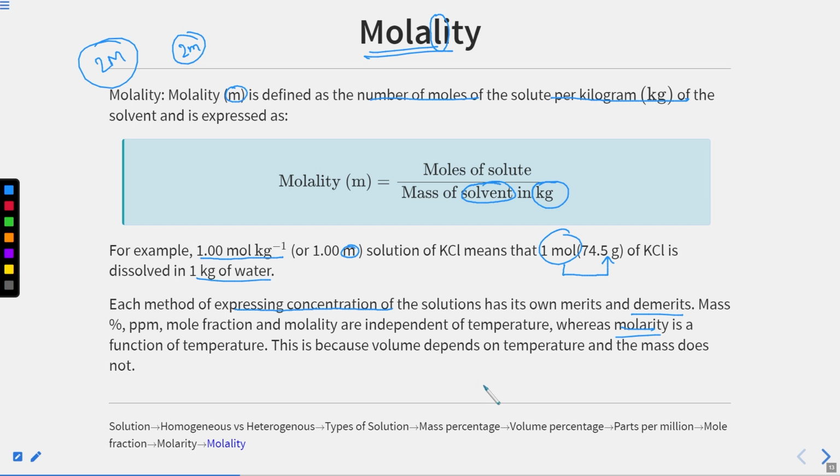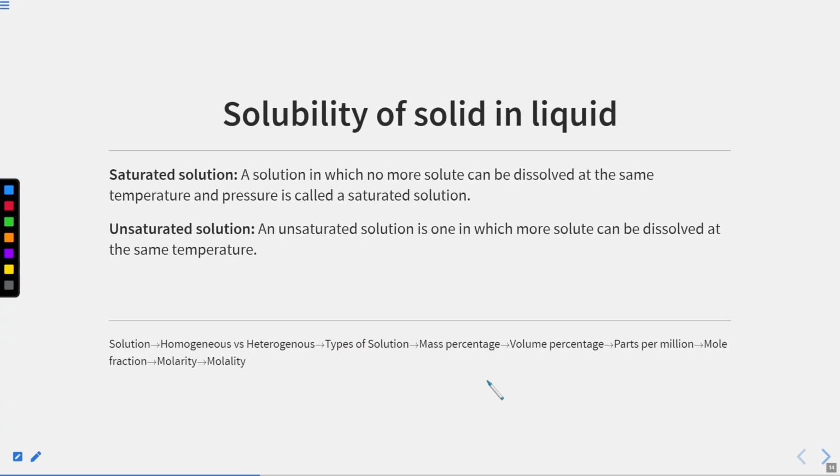The reason is very simple. In molarity, we are taking the volume. In molality, we are taking mass. And mass doesn't get much affected by temperature, but volume does, because we know the ideal gas law and all those laws, that volume increases or decreases as temperature increases or decreases. So if you change the temperature, you will change the volume. So molarity is more preferred.